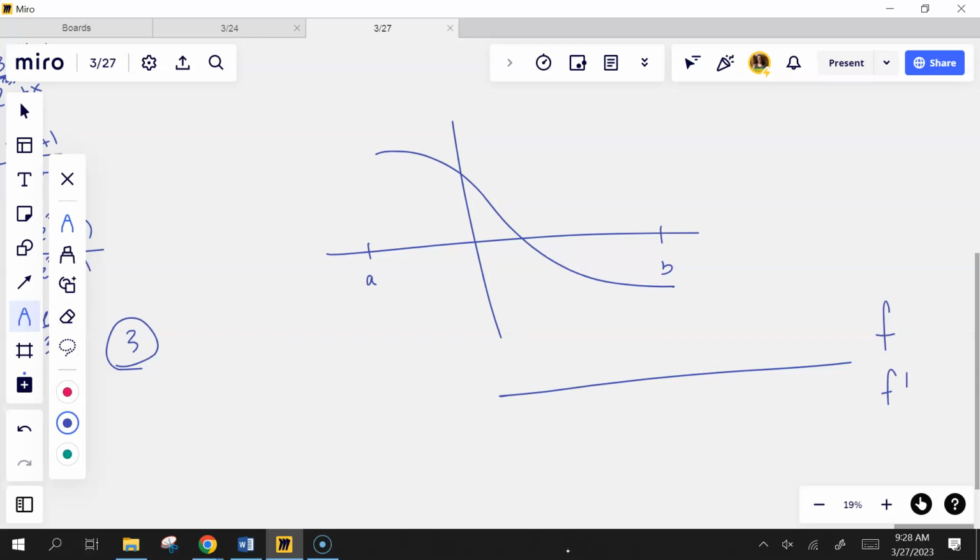The derivative is 0 right here, and it's positive and negative, so the function is not always decreasing. It is only decreasing here. And concave down, well, it has to be because the derivative is always decreasing. So C, 1 and 3.